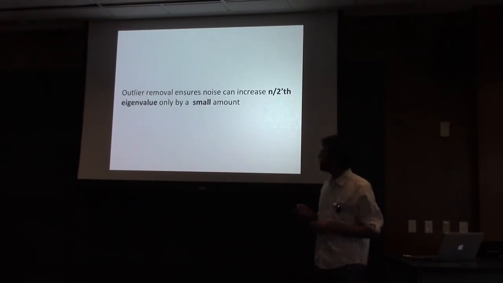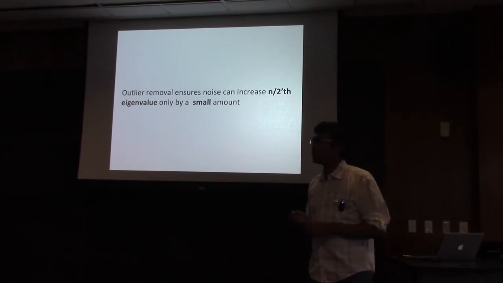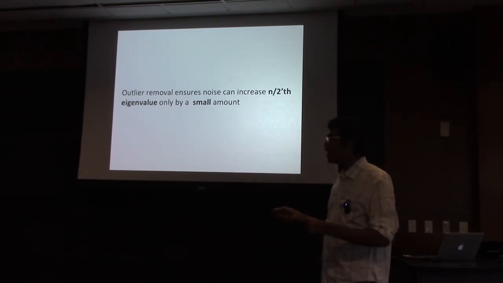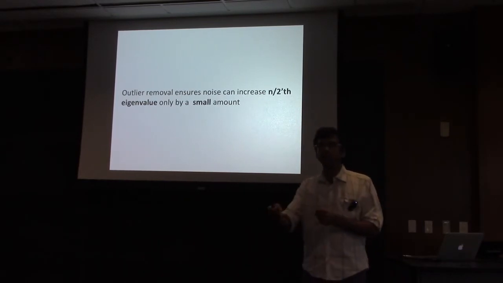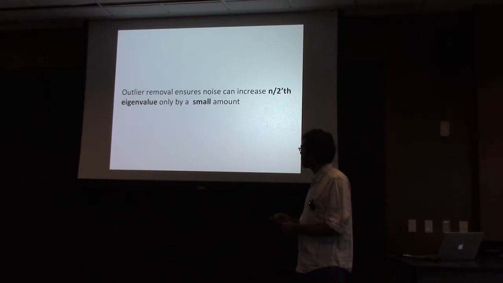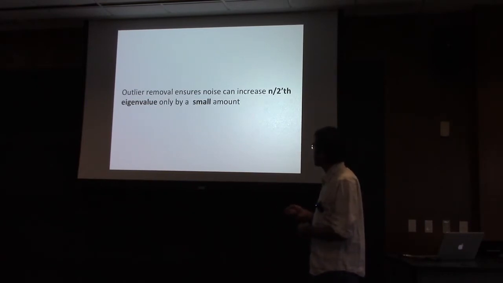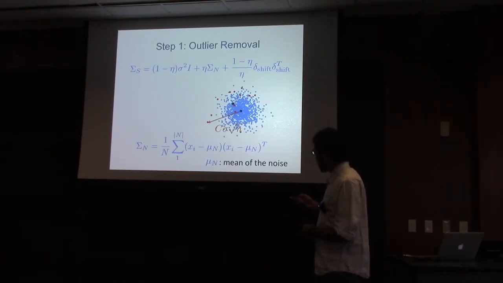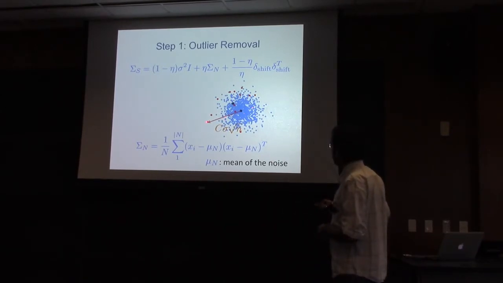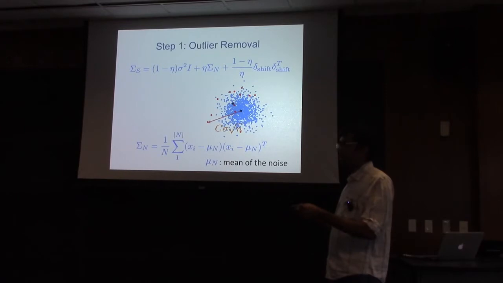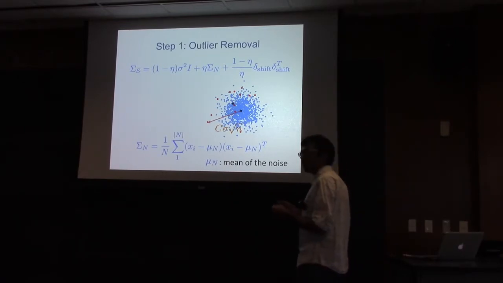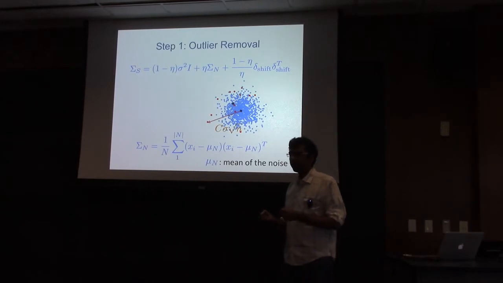So what the outlier removal step ensures is it gives us a way to control how much the noise perturbs the n over 2th eigenvalue. Why? Because once we have done this outlier removal step, we know that every point is within a distance of order sigma square root n from each other.